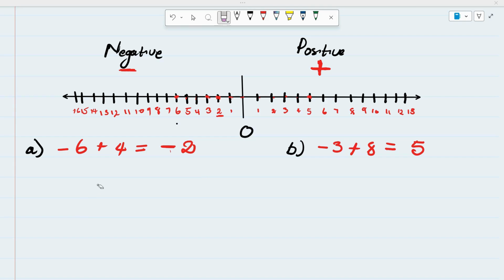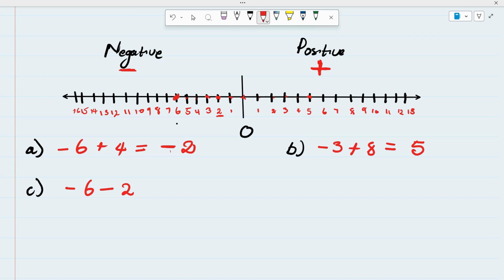Let's take a third example. The approach is still the same here. We start from 0. It says 6, but in which direction? The negative direction. Count 6 points in the negative direction. 1, 2, 3, 4, 5, 6.